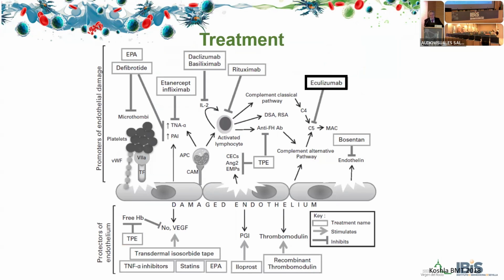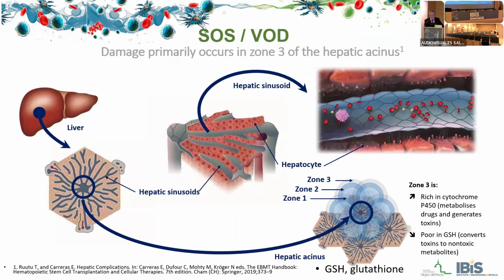And finally, within this spectrum of diseases, the veno-occlusive disease represents a very particular case of endothelial damage, in this case in the liver, and this disease will also be nicely reviewed later on.